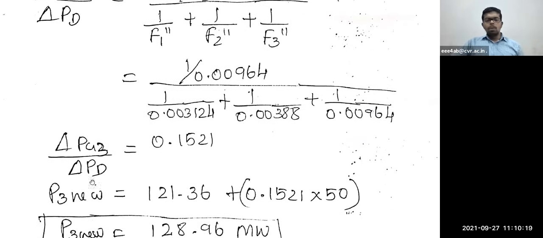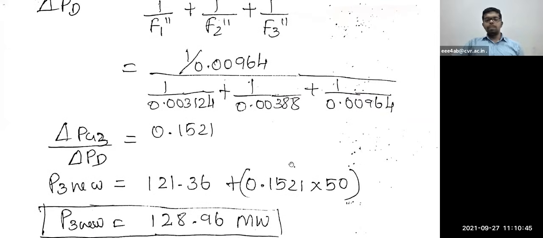So next, P3 new. From the lambda iteration method, we got this old base value, that is 121.36 megawatt. Plus this value, that is del Pg3 divided by del Pd into the change in demand, that is del Pd, that is 50.